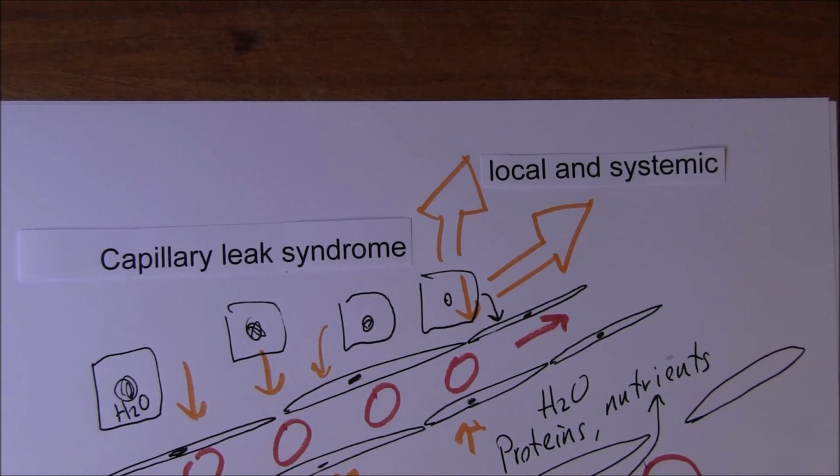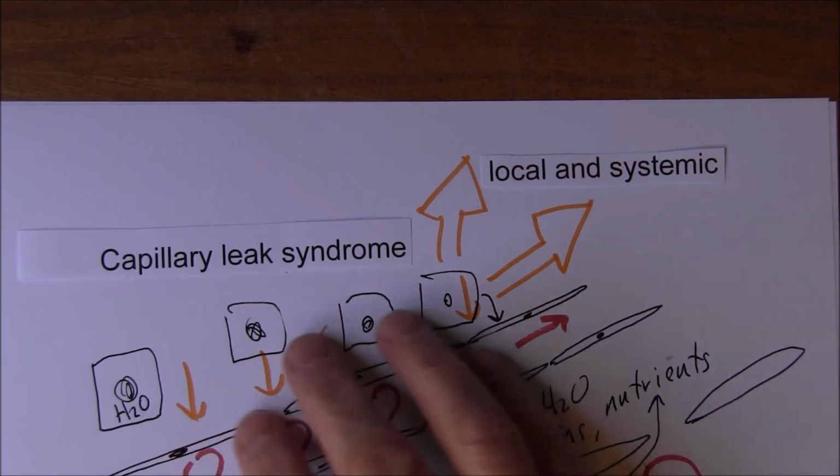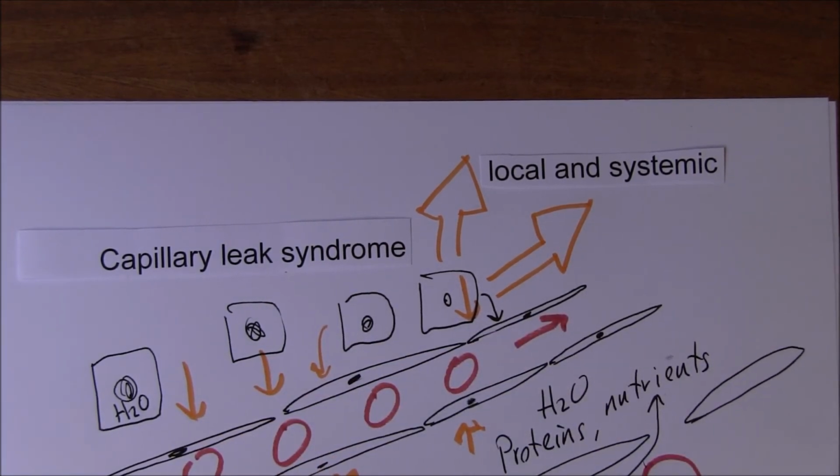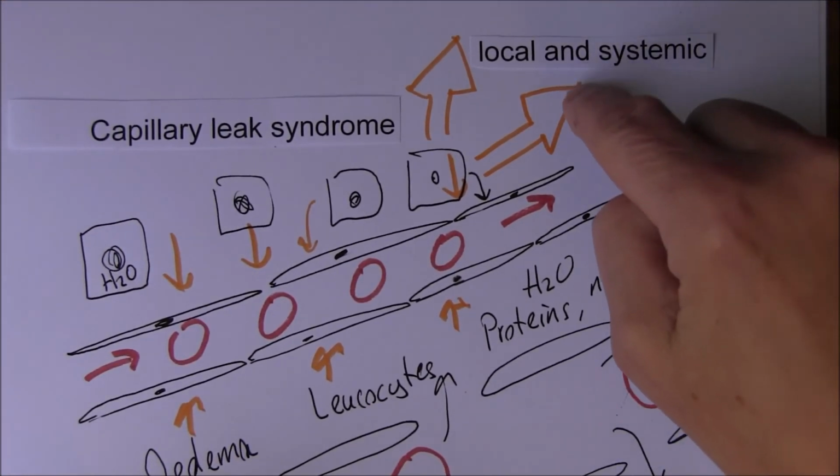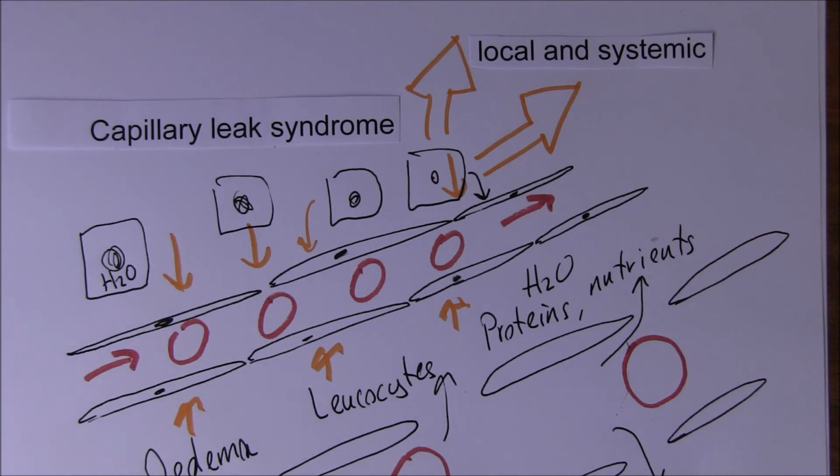And the patient will become edematous around about the area of the burn, yes, that's true. But also if there's like 20-30% of the body surface area burnt, they're going to become edematous all over the place because of this widespread capillary leak syndrome. And the bigger the amount of body surface area burnt, of course, the worse this is going to be.